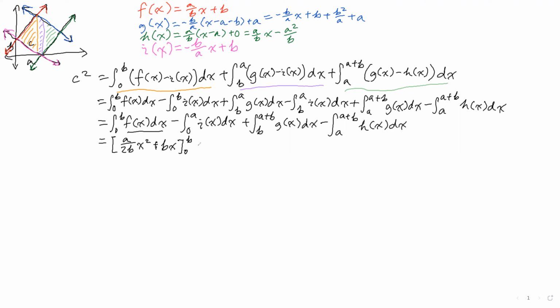So the calculus here is not hard, it's just power rule. And then i of x is negative b over 2a times x squared plus bx. That's from 0 to a. And then we just do the same thing all the way down. So this one's a little longer.